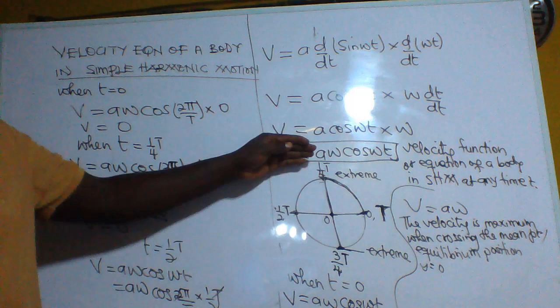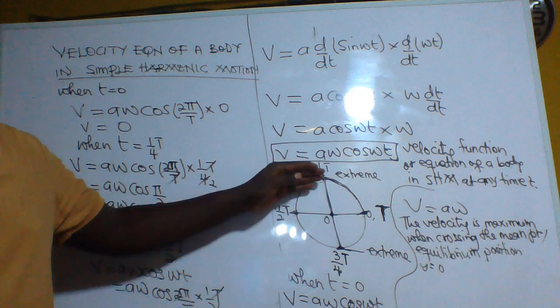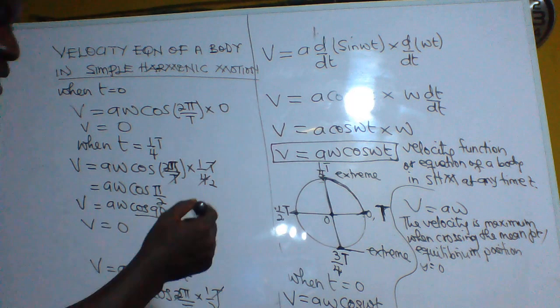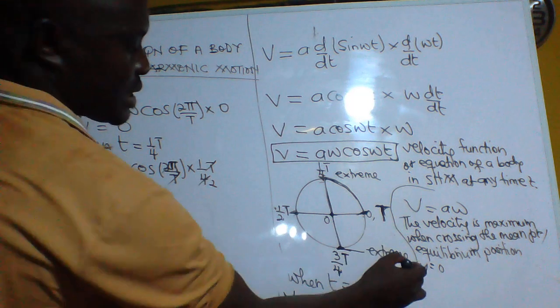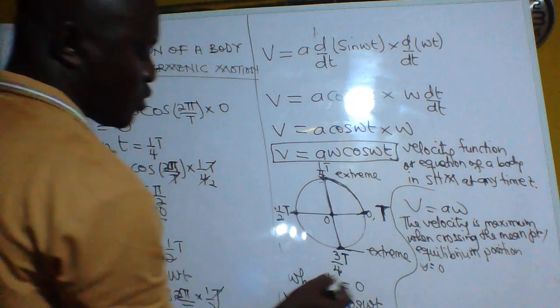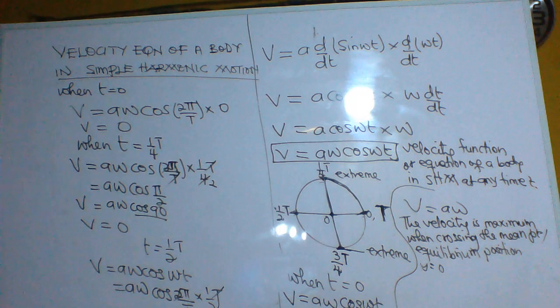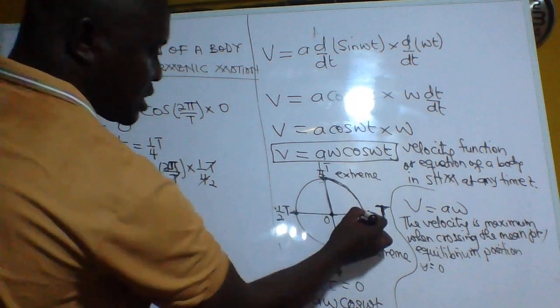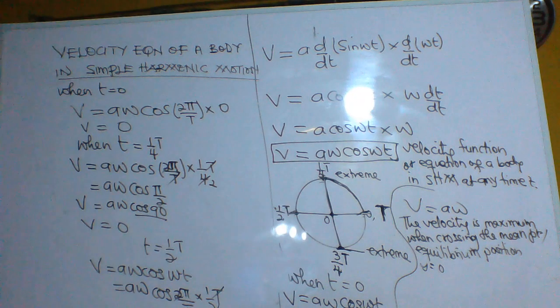At the amplitudes, the velocity is equal to 0, but at any point where y is equal to 0, we have the maximum velocity occurring. So maximum velocity occurs here and also at this point.